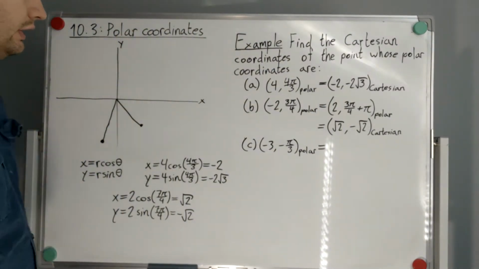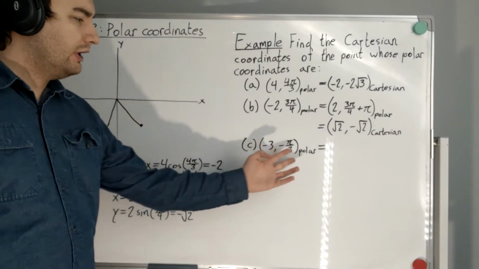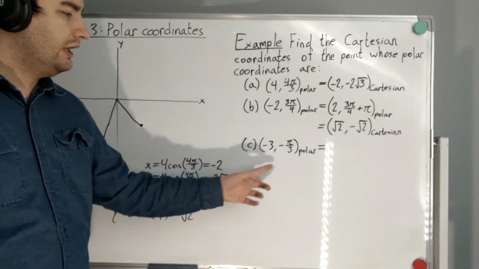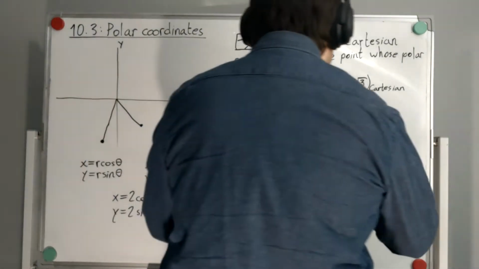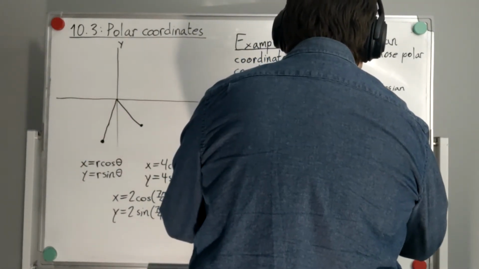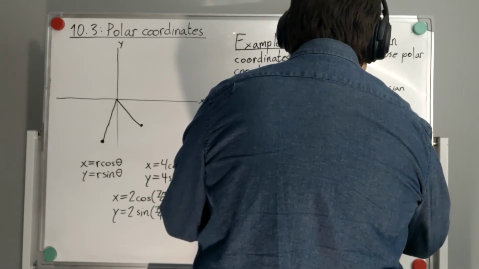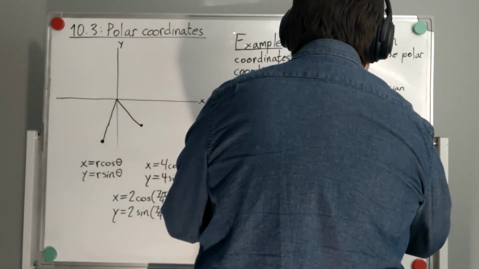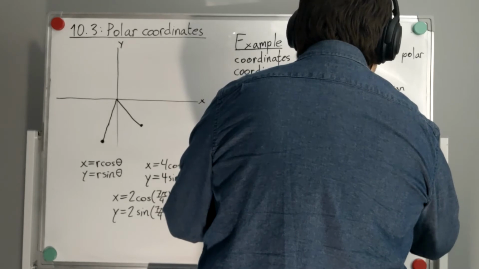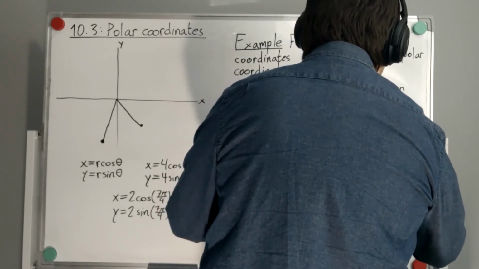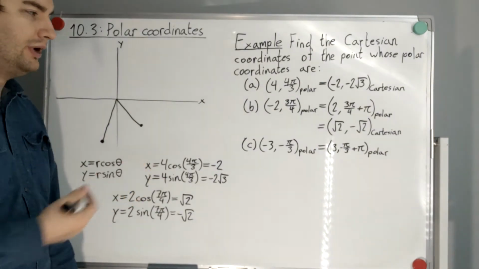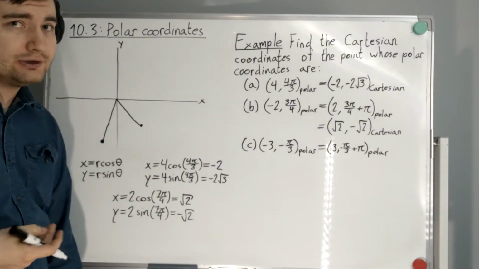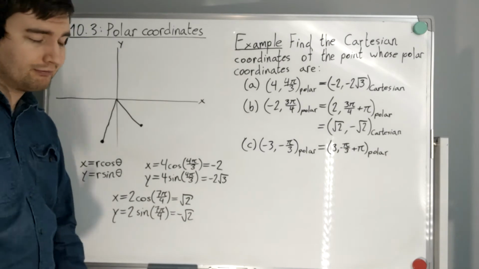Okay, again, you can rewrite this as just 3, negative pi over 3 plus pi. So let's actually do that. 3, negative pi over 3 plus pi. This is still a polar coordinate representation. And by the way, pi plus negative pi over 3 is 2 pi over 3. Okay?